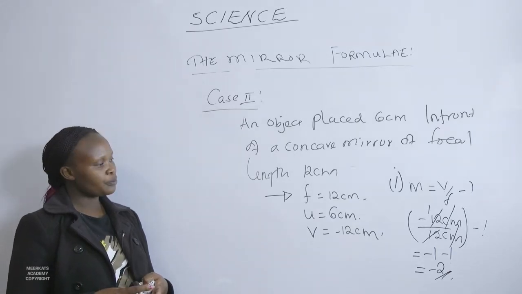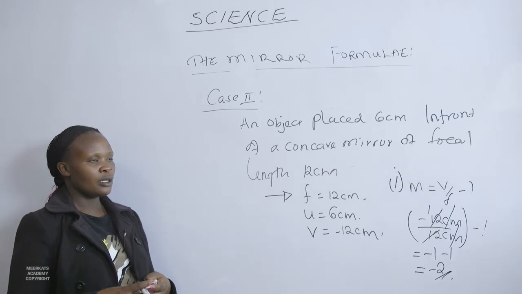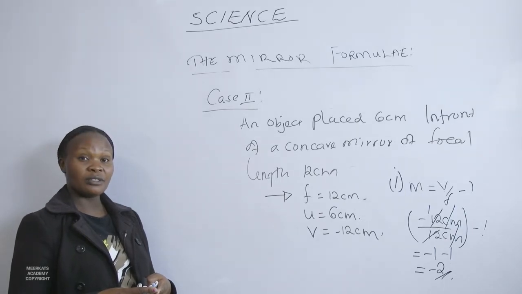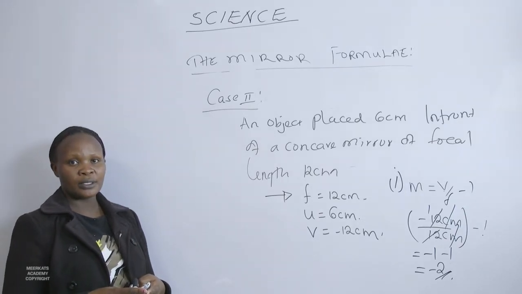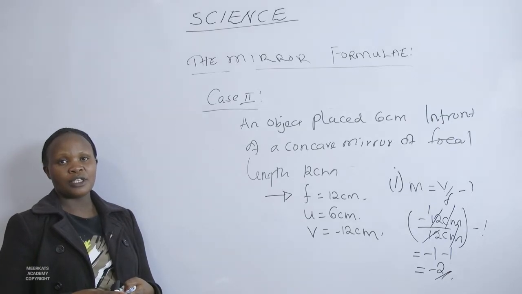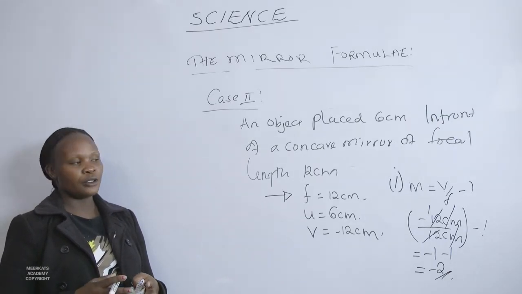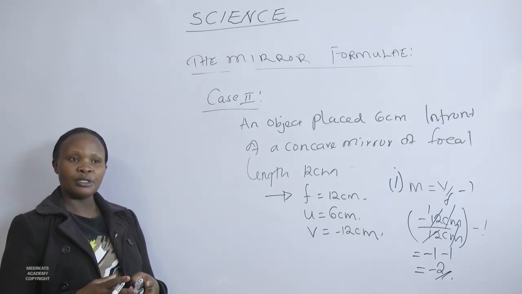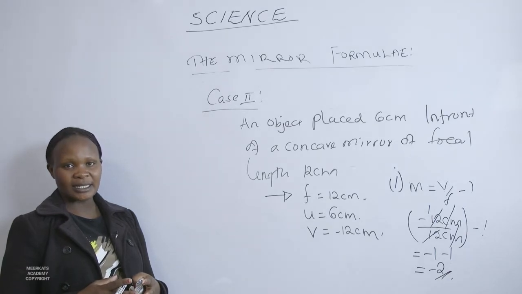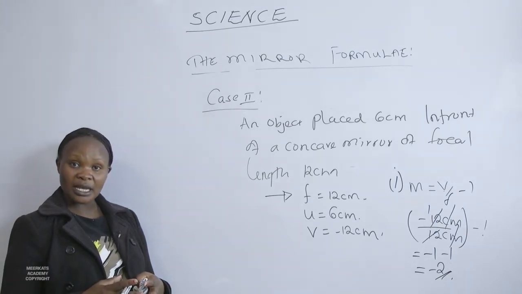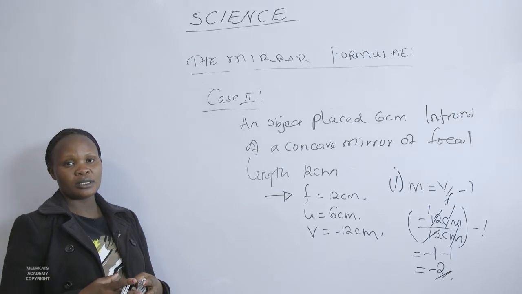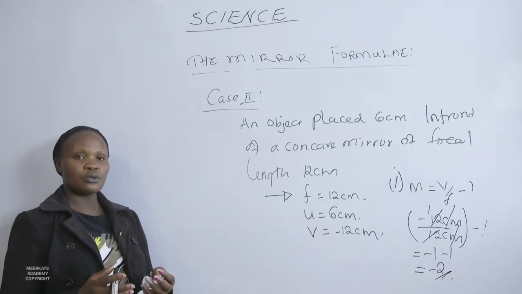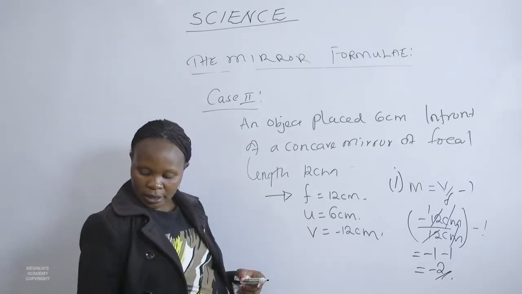But now, why should we say that magnification does not have units? Magnification does not have units because it is a comparison between distances or sizes of objects.